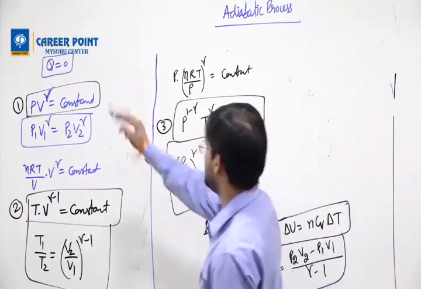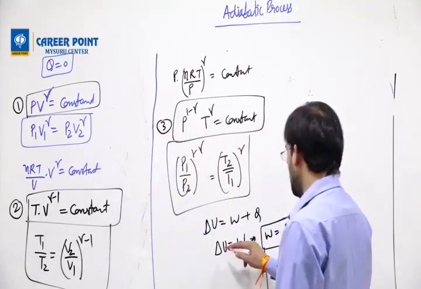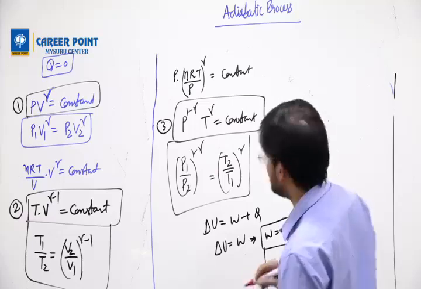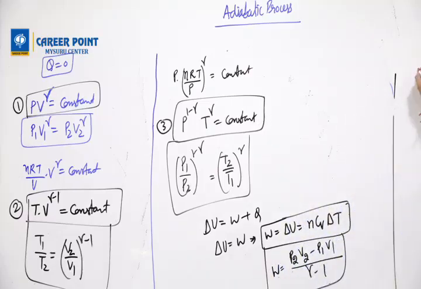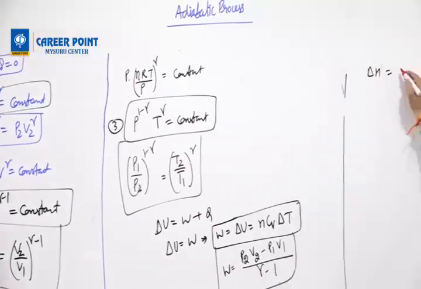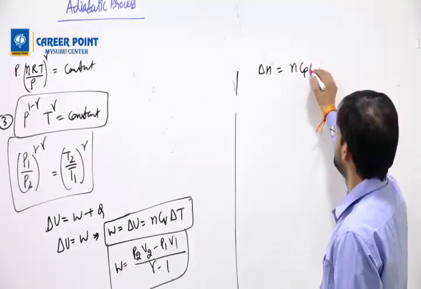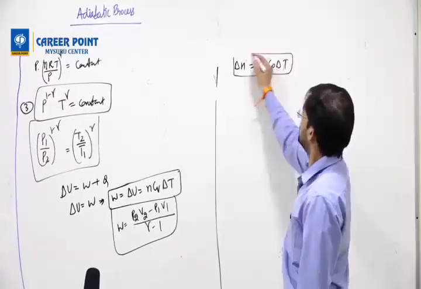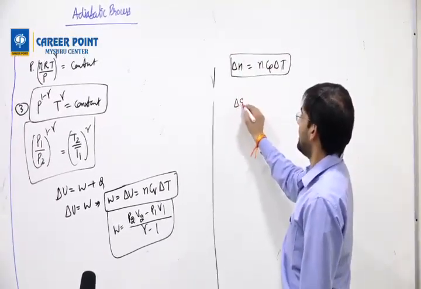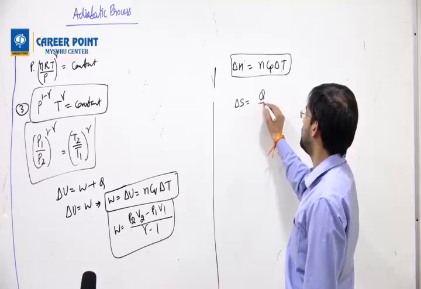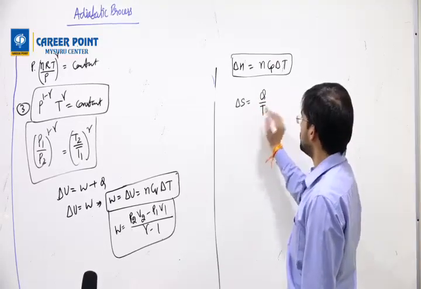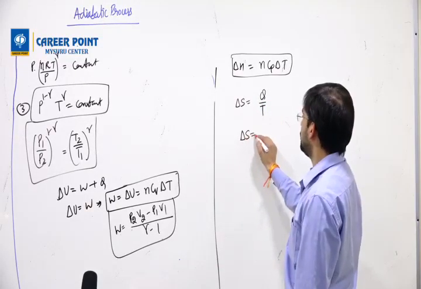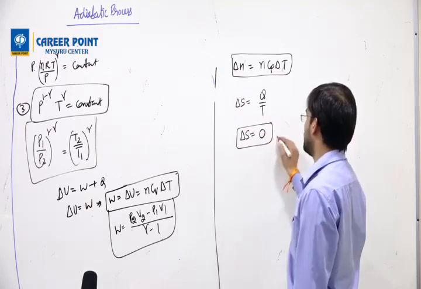So we have calculated Q, W, delta U. Now the next thing is delta H equals to nCp delta T, and delta S. Here we'll use Q by T, and Q is 0, so delta S is 0.